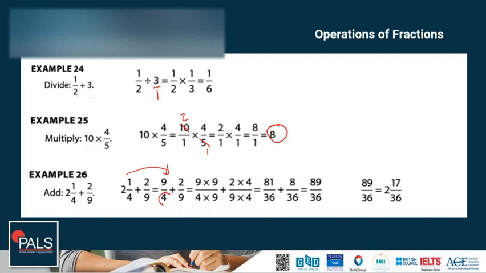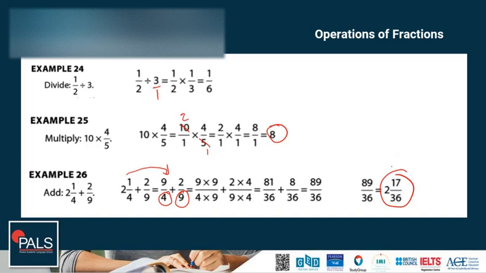So we have 4 times 9 is 36. So 9 times 9 is 81. Then 9 times 4 is 36. 2 times 4 is 8. So 81 plus 8 is 89 over 36. Now this is an improper fraction. The lowest term is in mixed number. So the answer is 2 and 17 over 36.